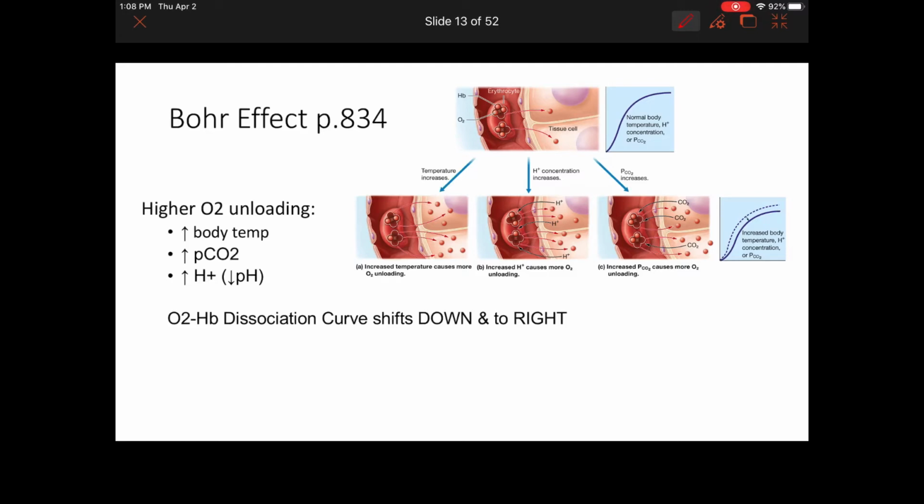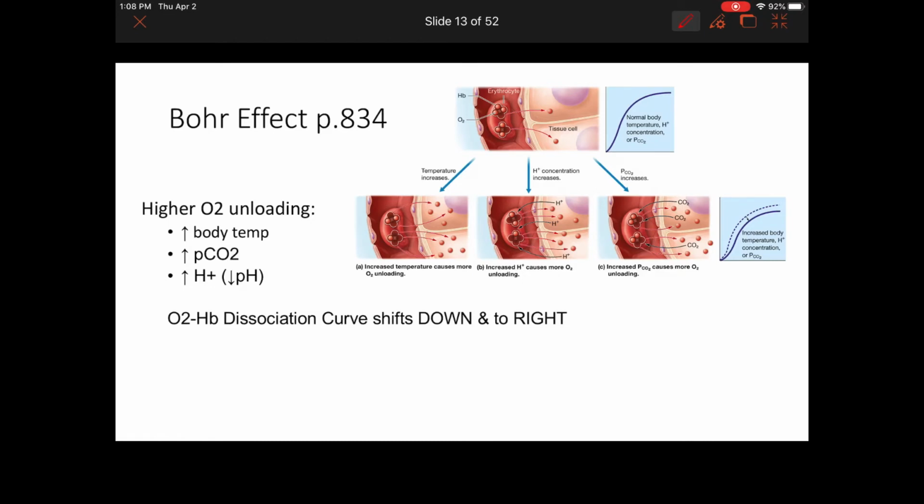So one of the more important roles of hemoglobin is to transport oxygen. It also transports carbon dioxide, but we'll talk about that here in just a little bit. However, the binding of oxygen to hemoglobin can be influenced by a number of factors.